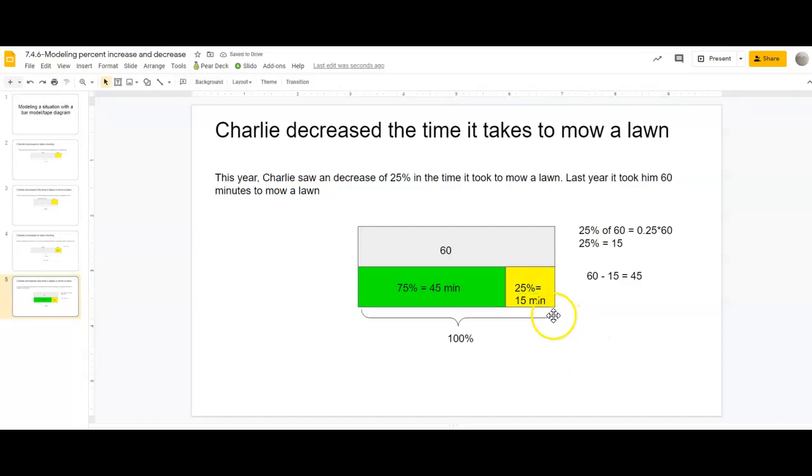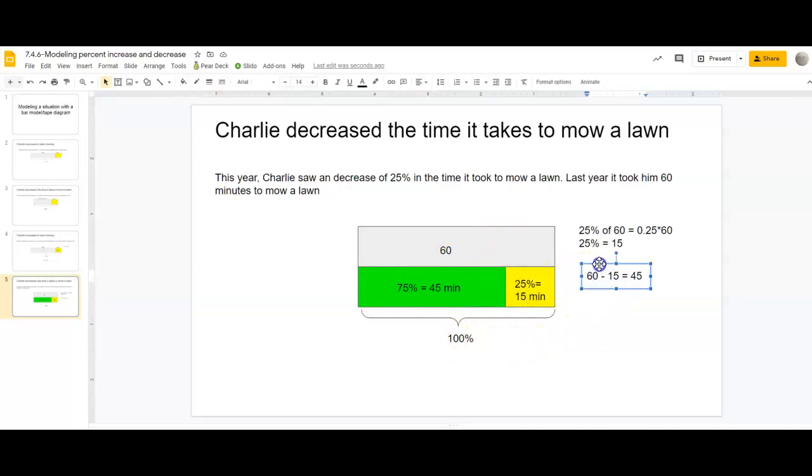Okay, so 25% is 15 minutes. 75% is 45 minutes. Together, it's 100%. Together, it's 60 minutes. So all of this works by establishing some known amount. What do I know? I knew 60 minutes was 100%. And knowing that, I could then calculate the rest of these pieces.